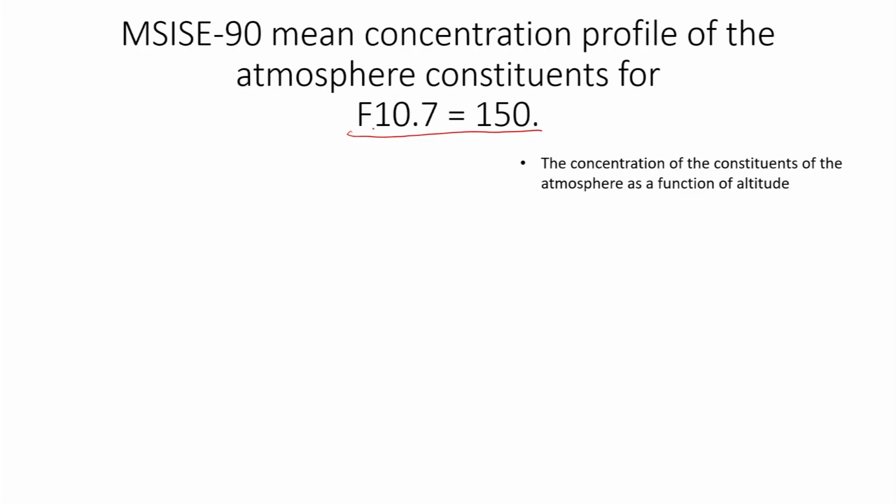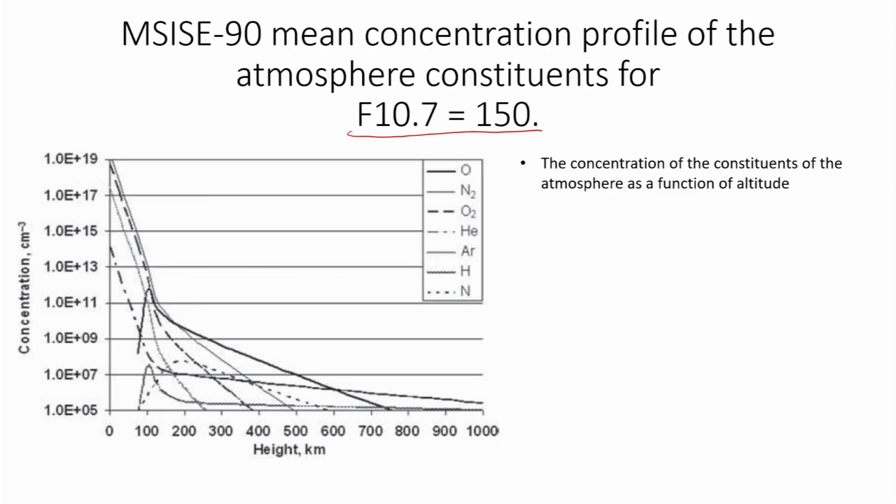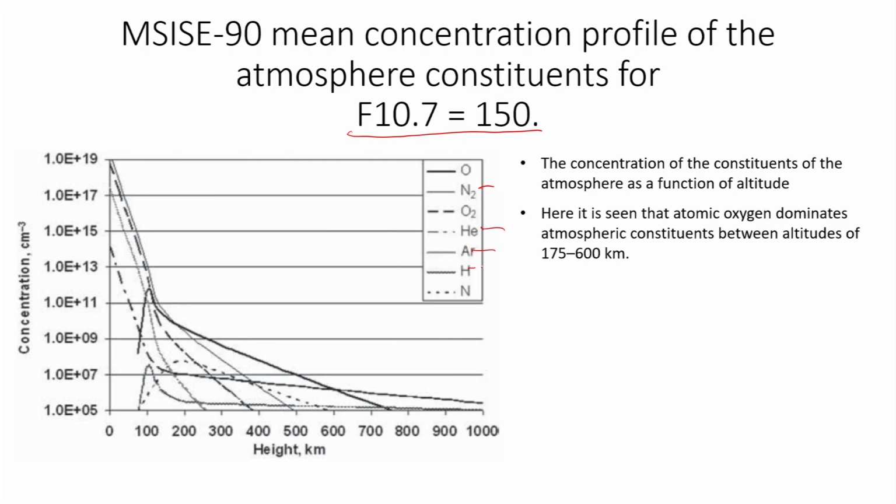Here we are considering a solar radio flux index of 150, and what the density or concentration is of the other particles like atomic oxygen, then nitrogen, then diatomic oxygen, then helium, argon, atomic hydrogen and atomic nitrogen.